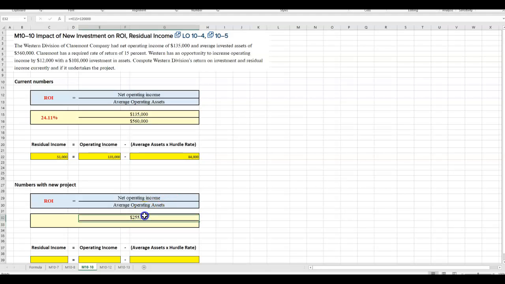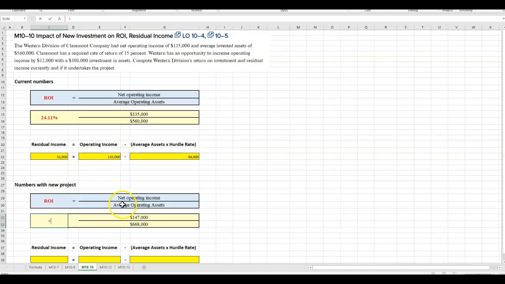And my average operating assets are going to increase by 108,000. So I'm going to take my original 560,000 and I'm going to add 108,000.